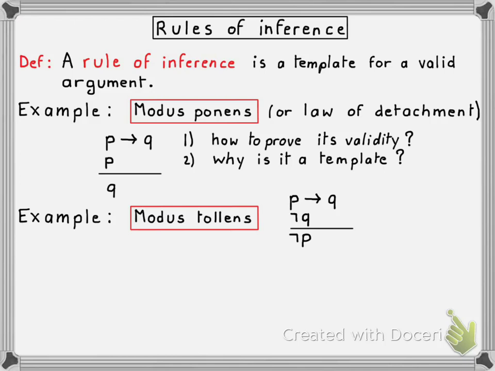Now I'll let you prove the validity of modus tollens using the truth table algorithm. I'm not going to do it on the slide. I'll trust you to do that.